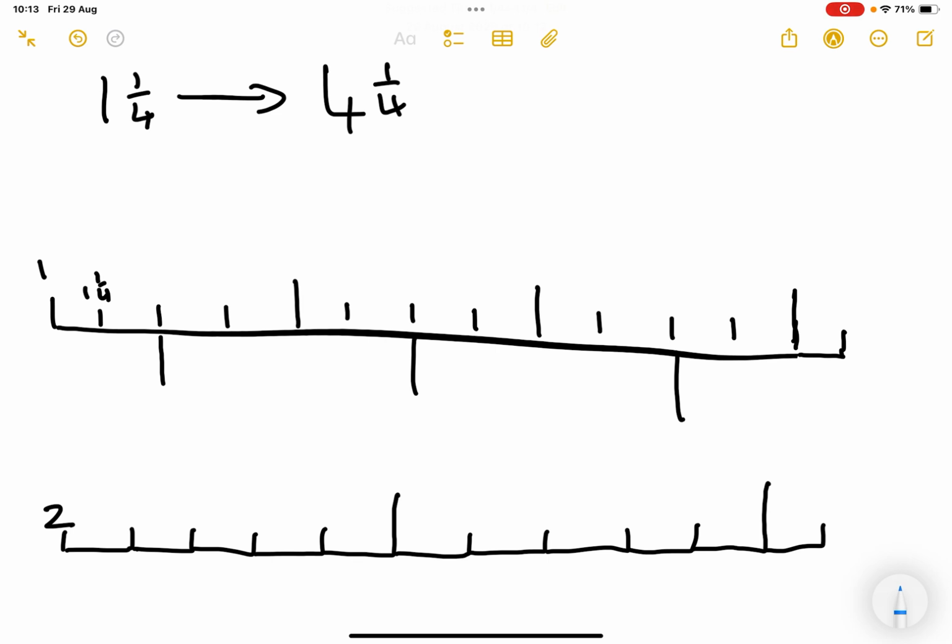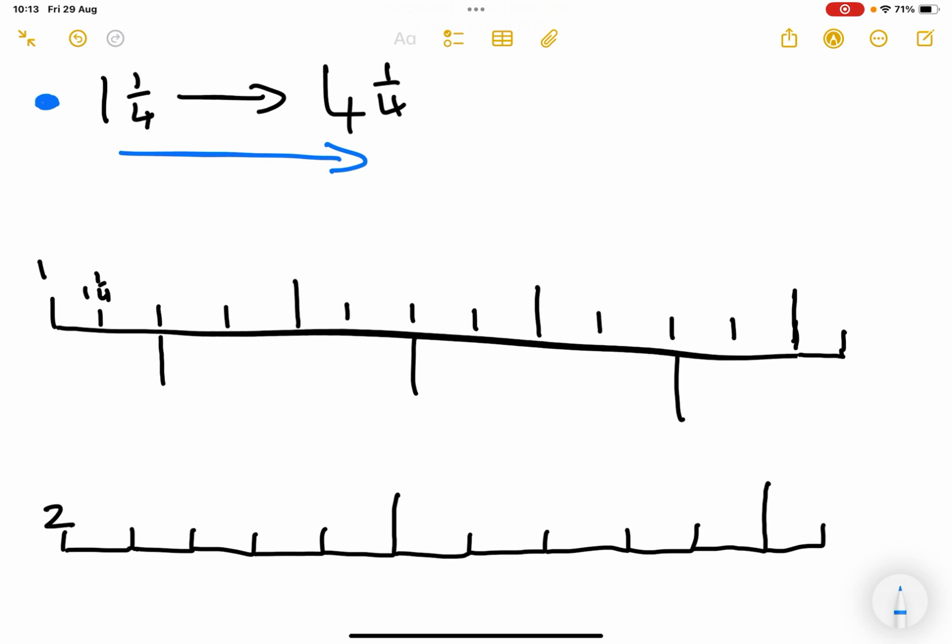So our first example is: write 1¼ to 4¼ on a fraction number line.